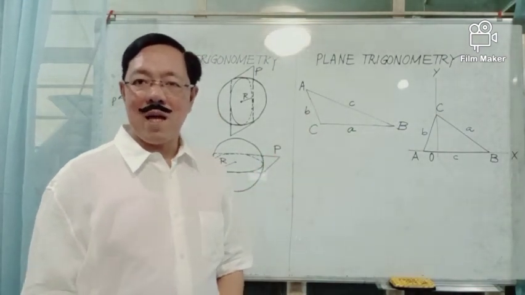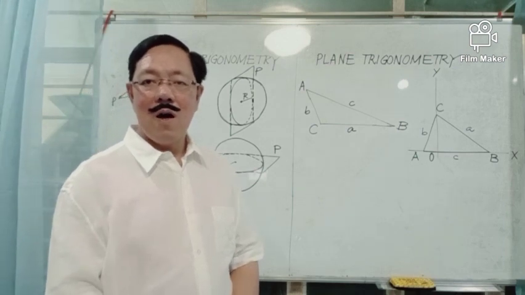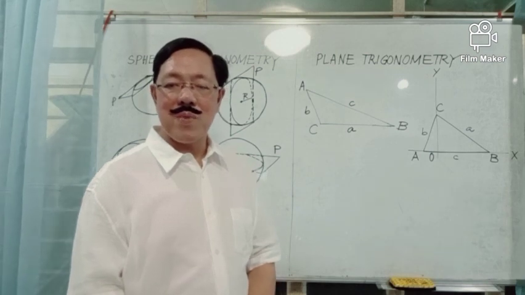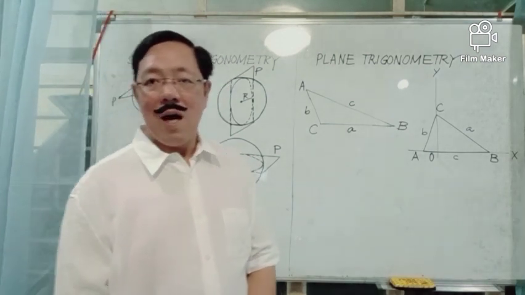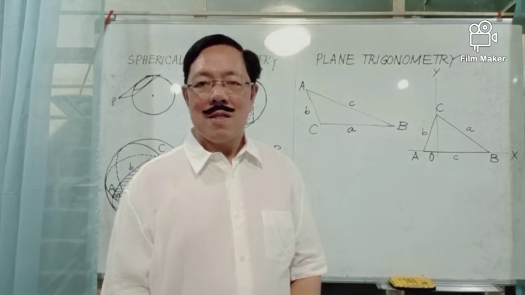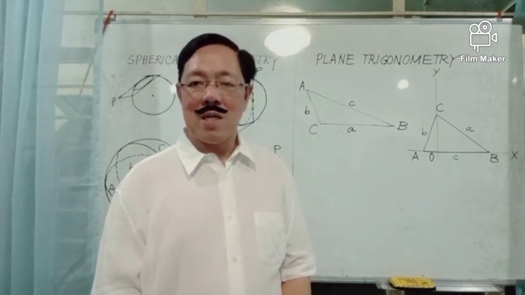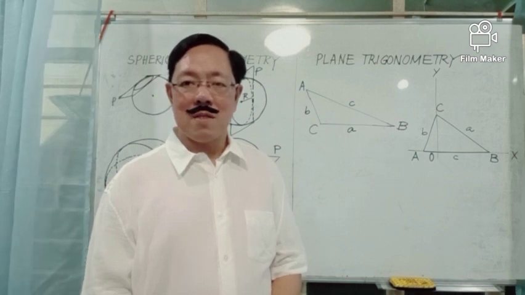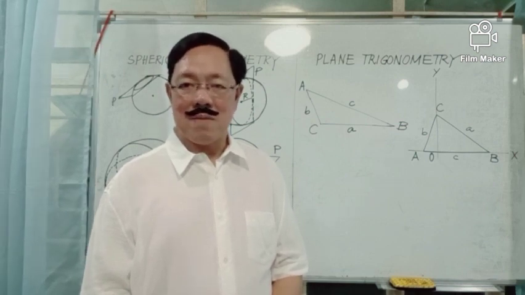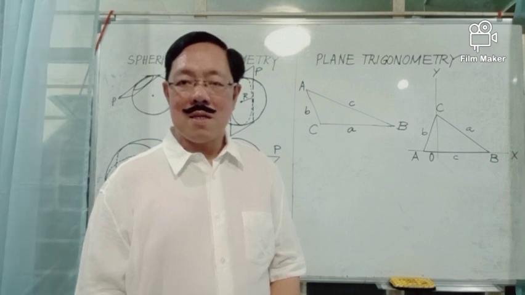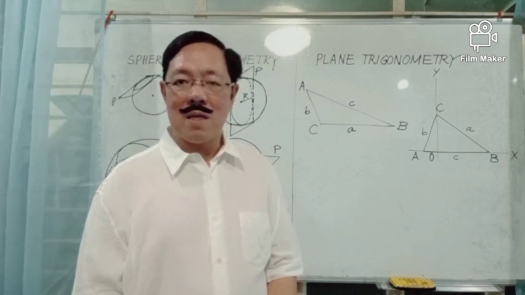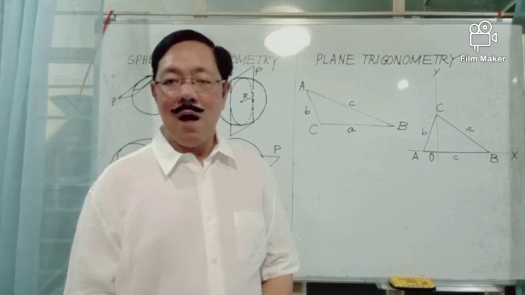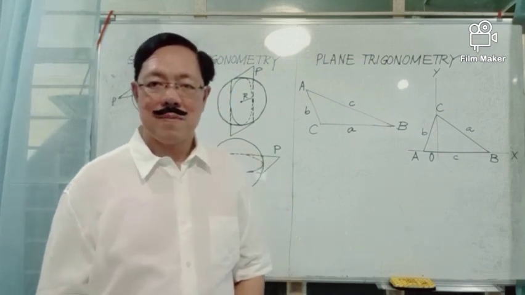But in spherical trigonometry, the sides of a spherical triangle are not line segments. The sides of a spherical triangle are arcs of great circles on a sphere. That is, the spherical triangle is bounded by 3 great circle arcs on a sphere.